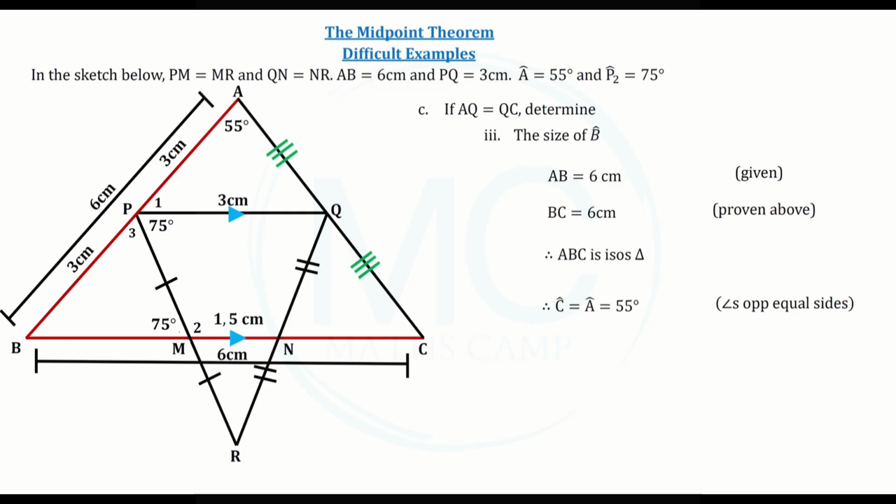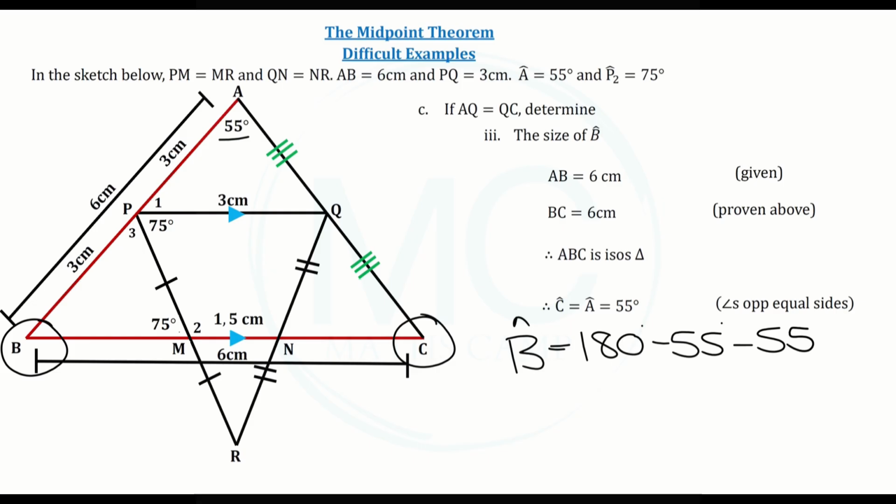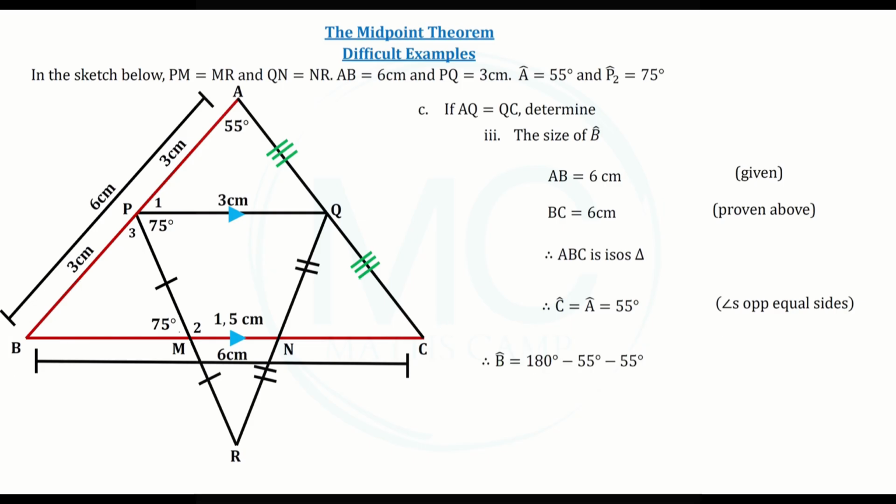Now we have a 55-degree angle, 55-degree angle at C, and an unknown angle at B. But we know that if we were to add the 3 interior angles together, we would get a total of 180 degrees. And we can use this to find the size of angle B. So we can say angle B is equal to the total of 180 degrees minus 55 degrees for angle A minus 55 degrees for angle C. And as our reason, we say the interior angles of a triangle.